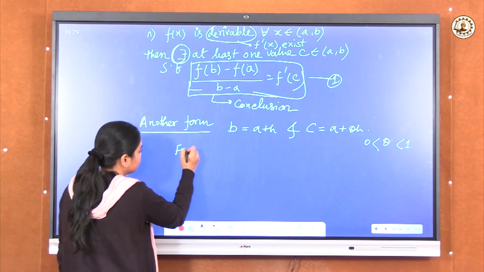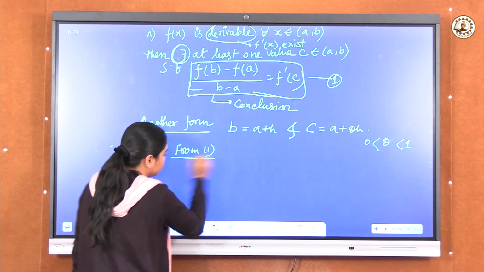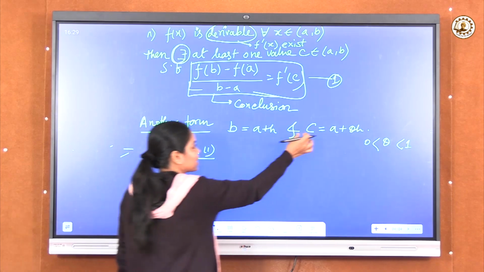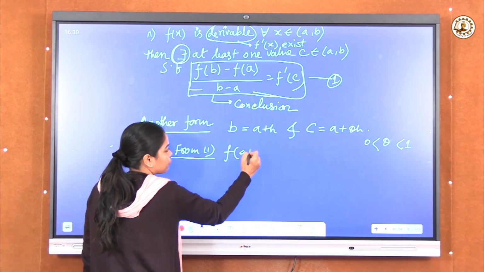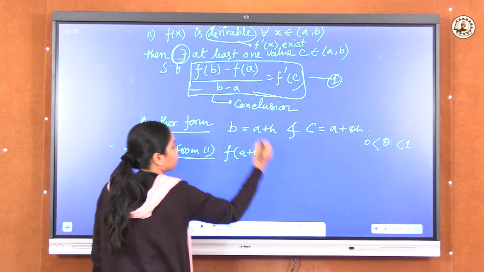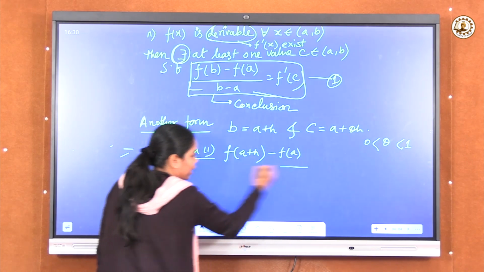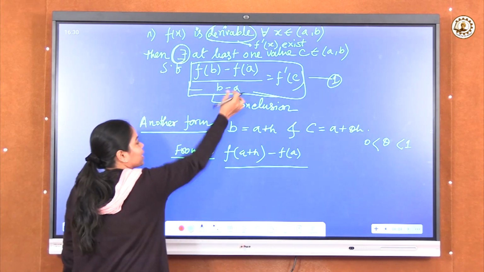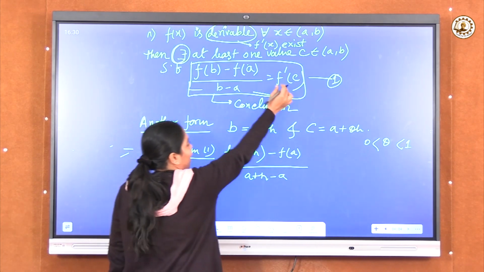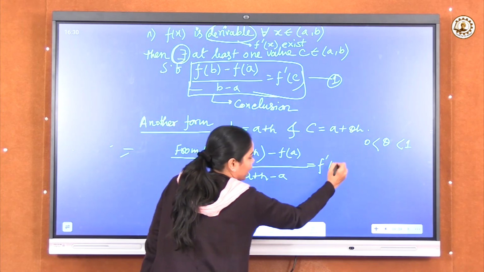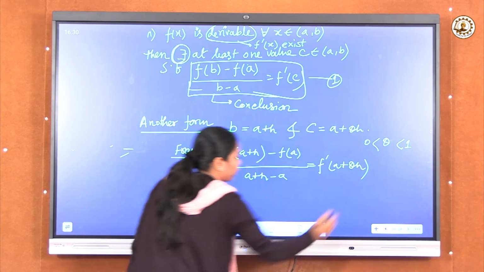Then from 1, we will put b equal to a plus h and c equal to a plus theta h. f(b) will be f(a plus h) minus f(a) divided by b minus a, b minus a means a plus h minus a, equal to f dash c, c value a plus theta h. Okay.